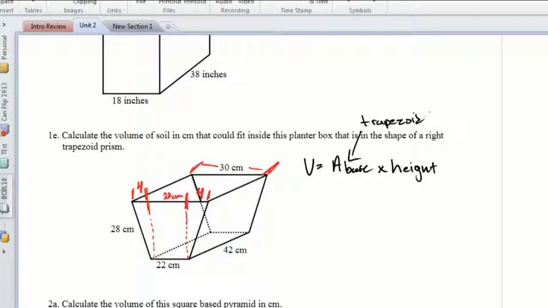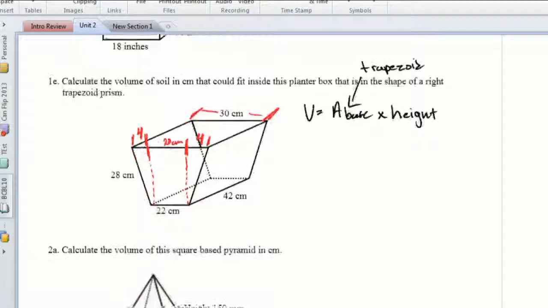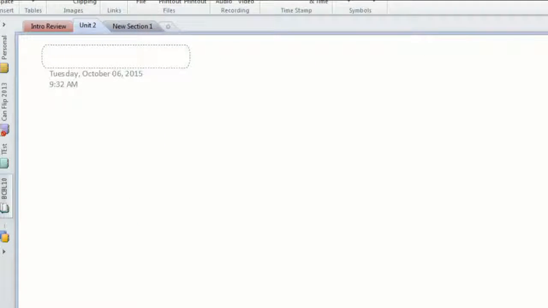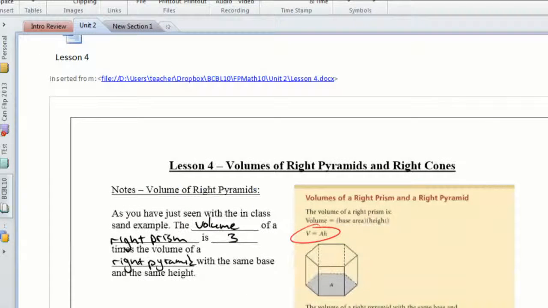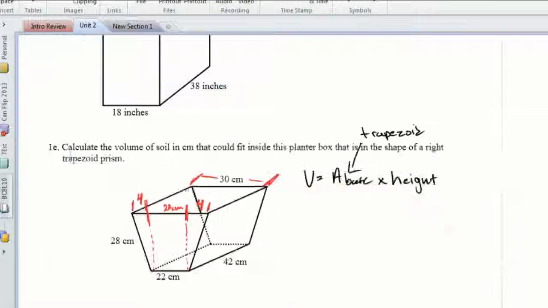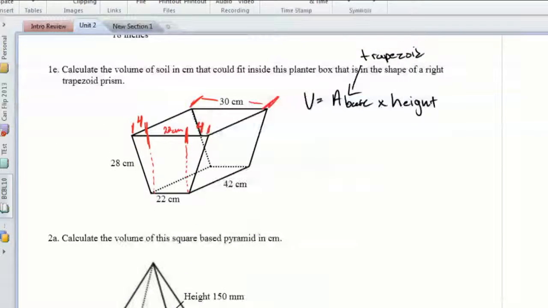I don't know the area of a trapezoid formula, so I'm just going to have to do it manually. First I'm going to find the area of this triangle, and that area is going to be the same as the area of this other triangle. From that, I can find the area of the rectangle, and then I can add those together and I have the area of the base.